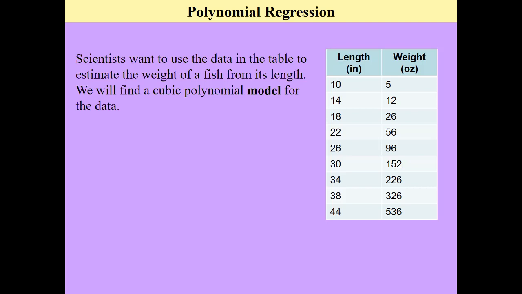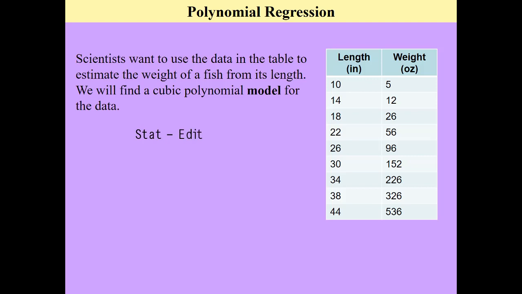our calculator's regression feature to come up with a polynomial to fit some information. This problem is similar to what we see in the homework and on tests. We want to find a polynomial that fits this data where the length is x and the weight is y.